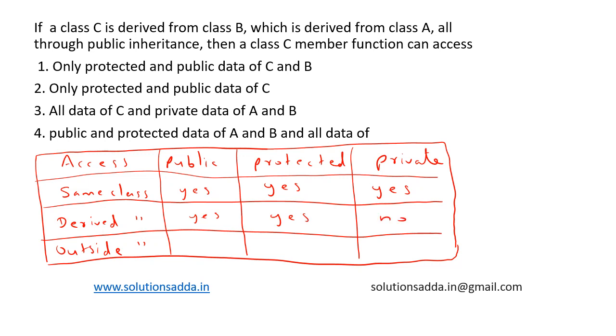Whereas for outside class, only the public members can be accessed. Based on this table, we can say that if C is derived from class B, which is derived from class A, all through public inheritance, then class C members can access all the public and protected data of A and B and all data of C. So option 4 would be the correct answer here.